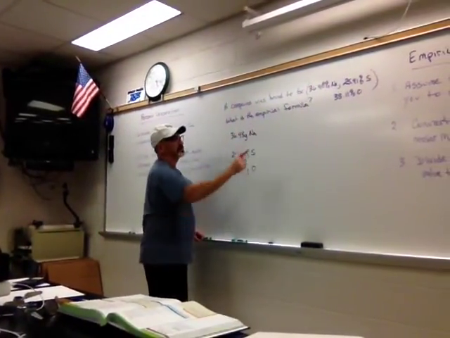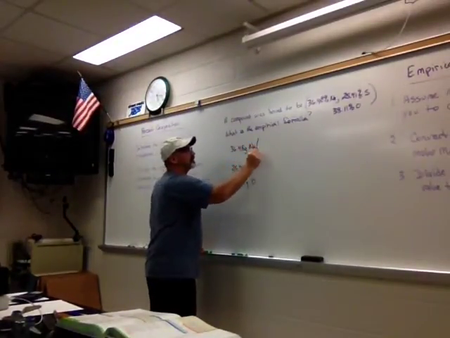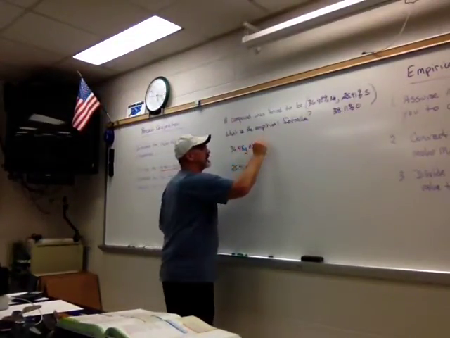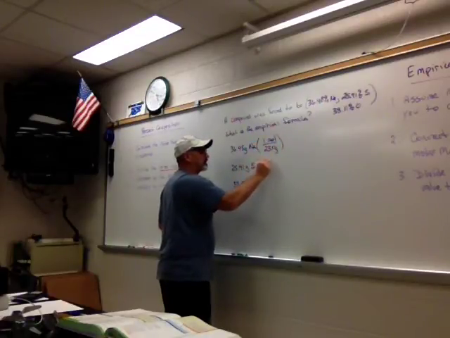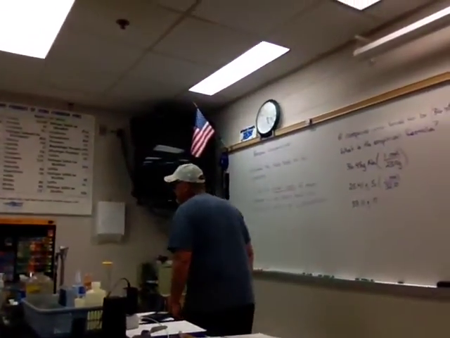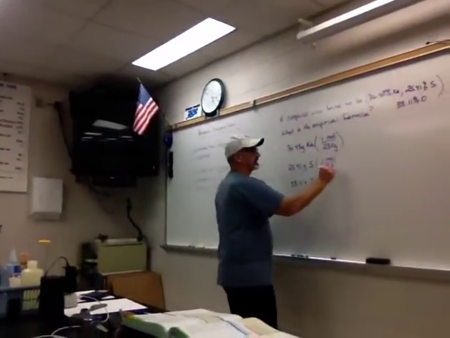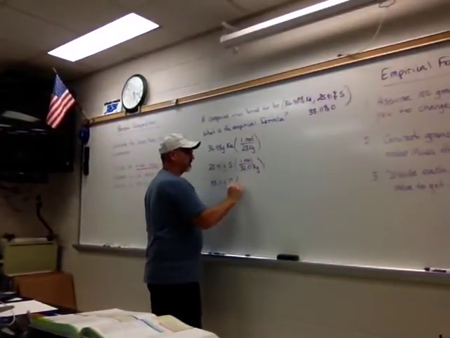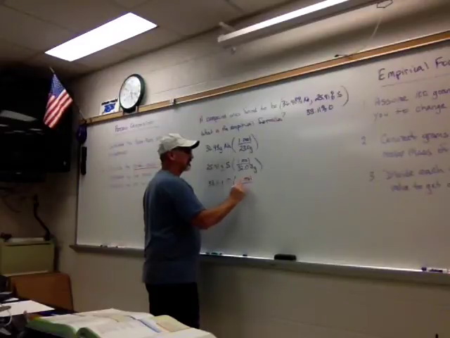Step 2, convert this to moles. So we're going to use the molar mass: 1 mole over 23.0 grams, 1 mole over 32.07 grams, and 1 mole over 16.00 grams.